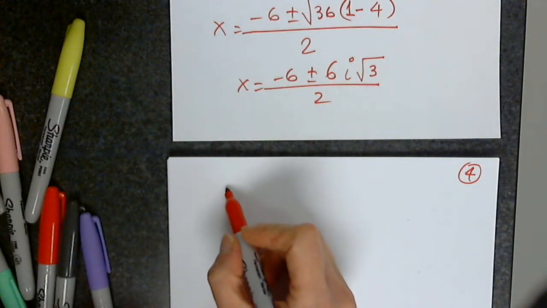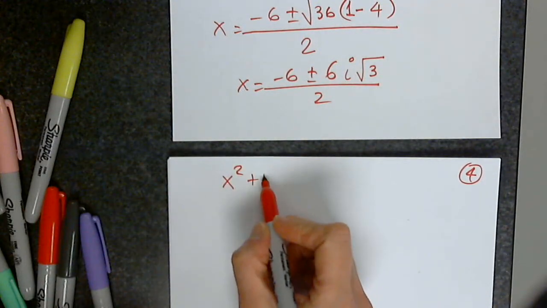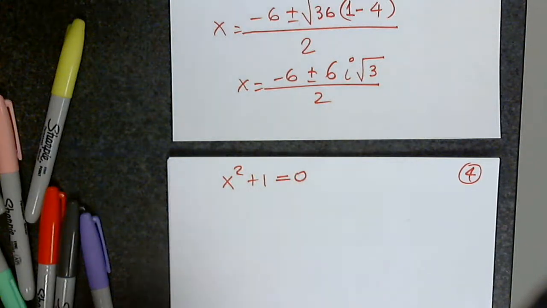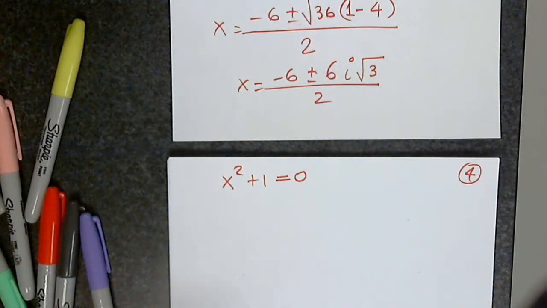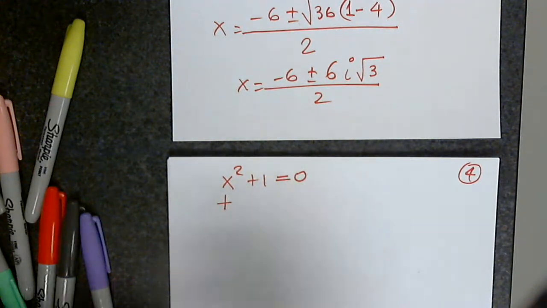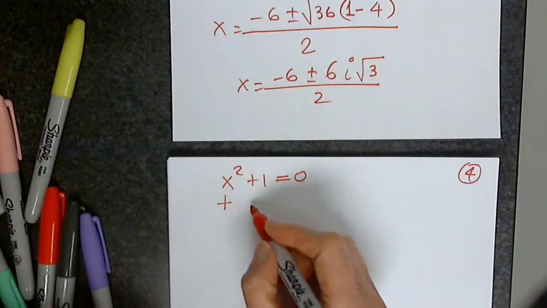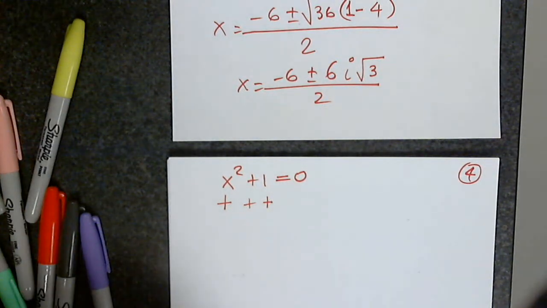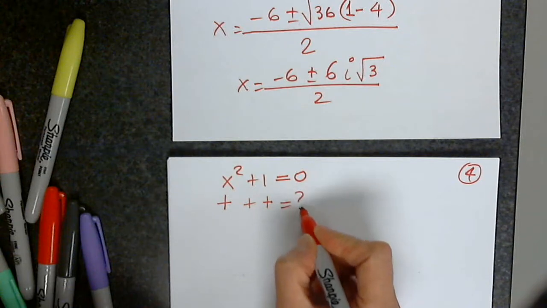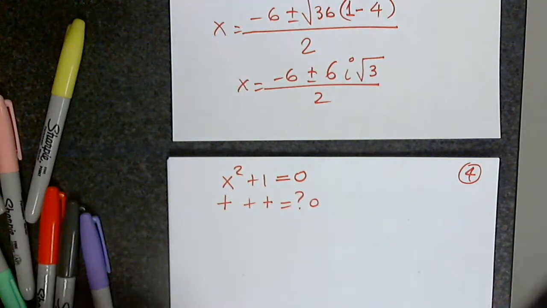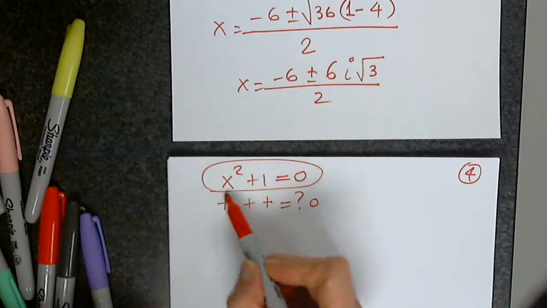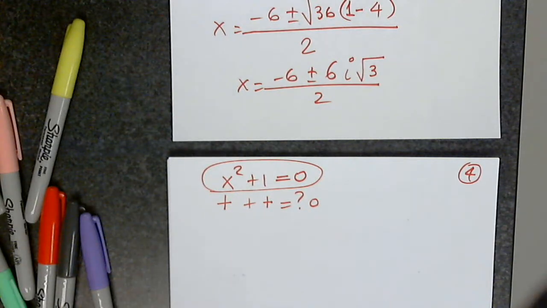So when we want to solve the equation, this is always a positive number because it's squared, right? Plus another positive number. When I add 2 positive numbers, could I ever get 0? No. So this equation has solutions, but they are not real numbers.